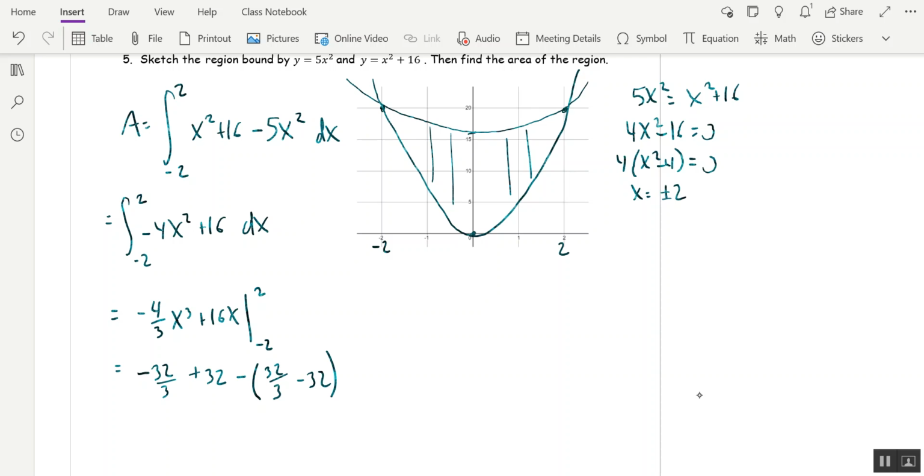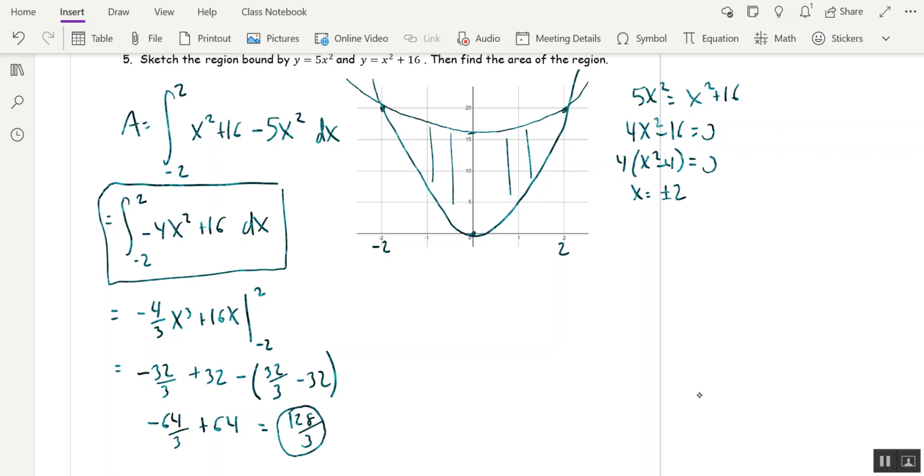Now, if I distribute, I get -64 thirds, and then distribute that minus sign, that gives us plus 64, which is 2/3 of 64, which is 128 over 3.